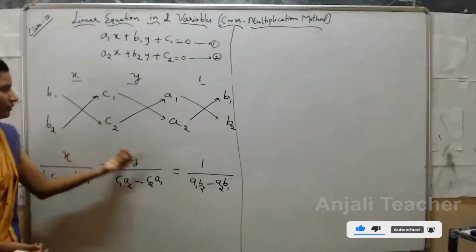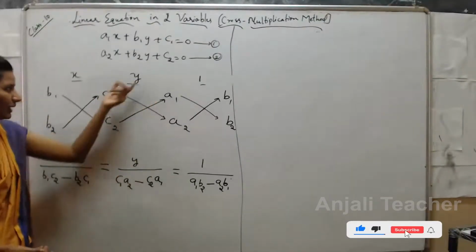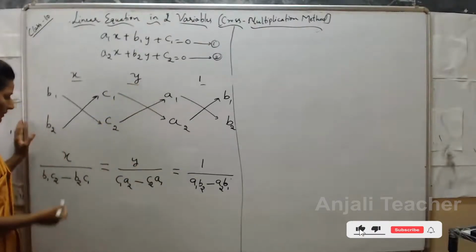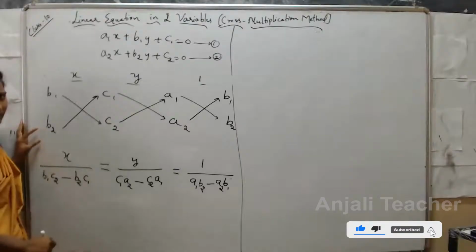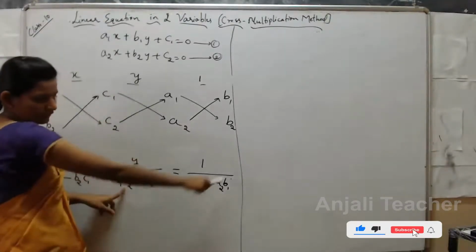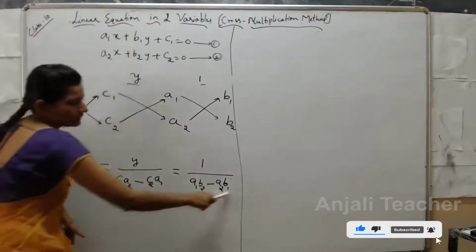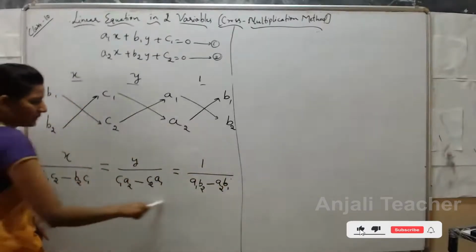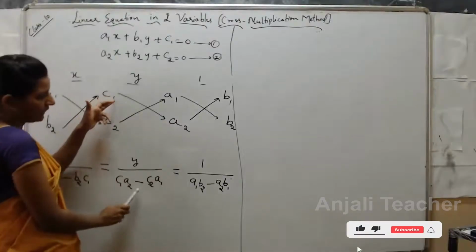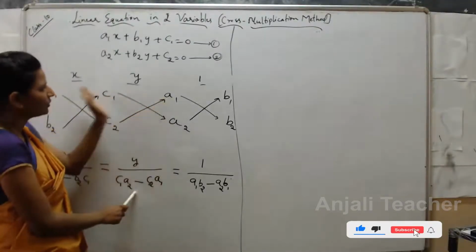Write x by y by 1 by b1 c2 minus b2 c1, is equal to c1 a2 minus c2 a1. This formula you have to remember, that's why I am writing this. How to remember this?